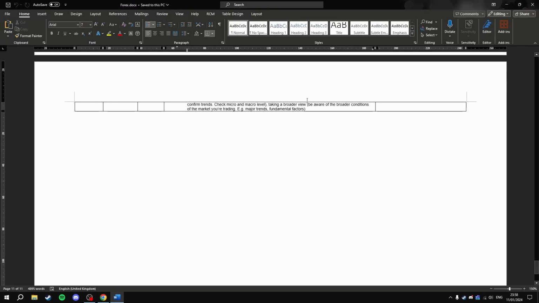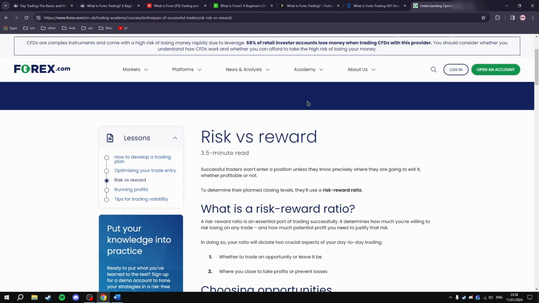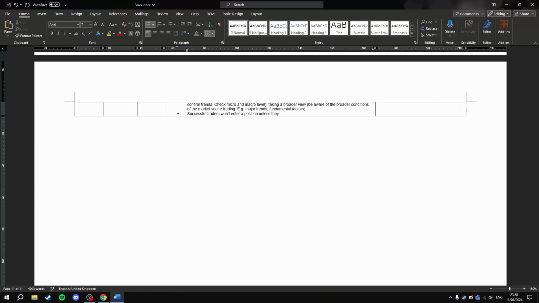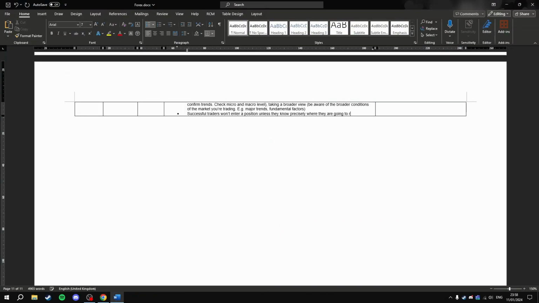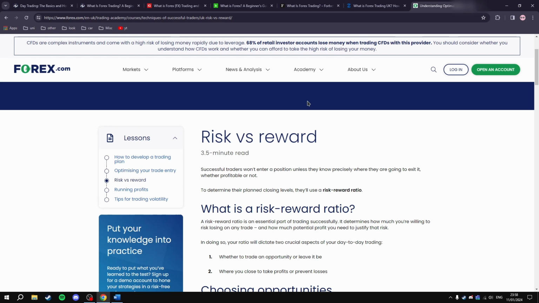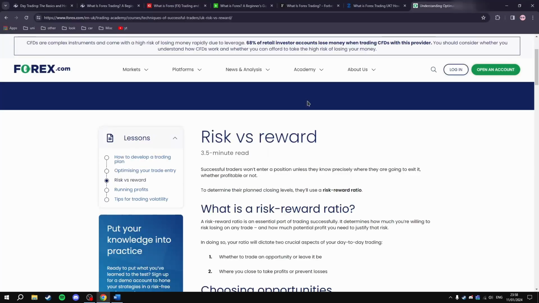So if you're going to start a position or trade, know where exactly you're going to exit.